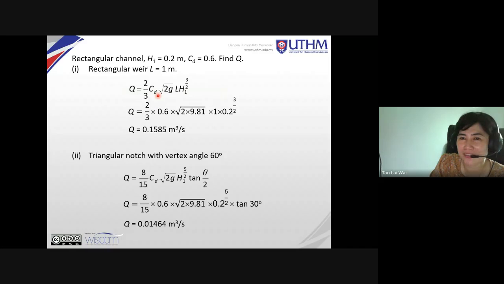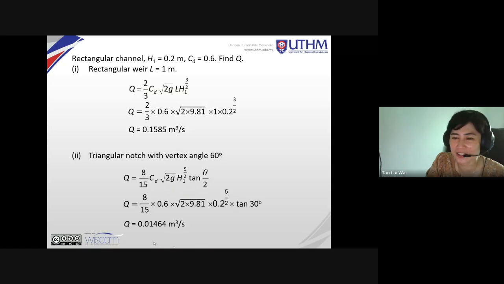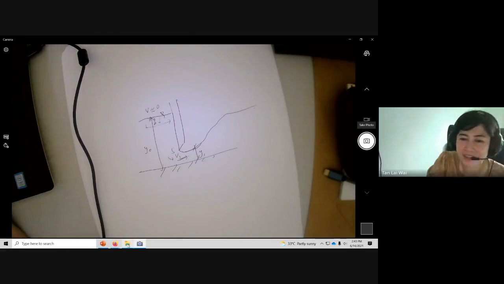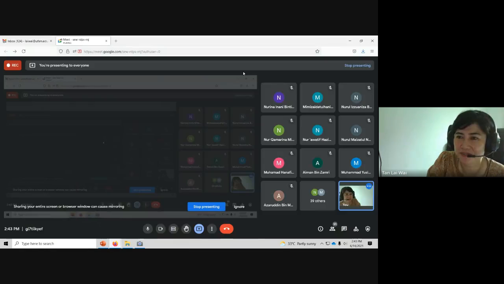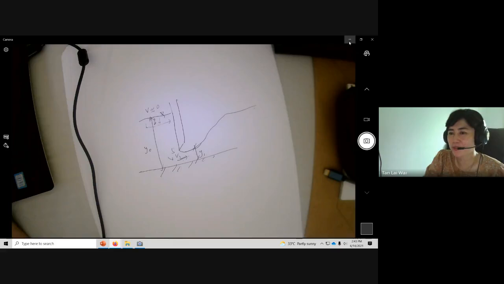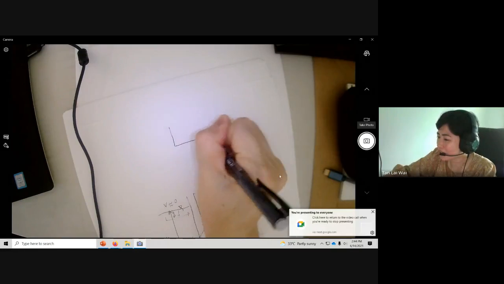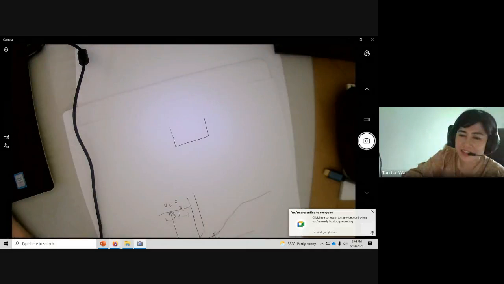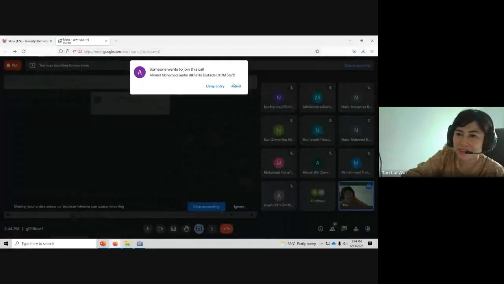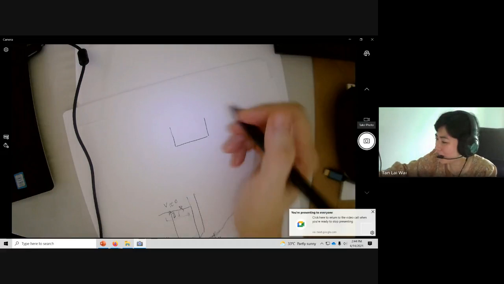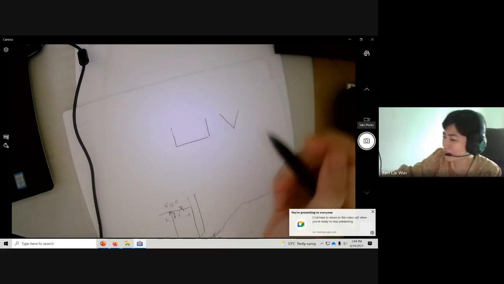Actually, if you combine a rectangular and a triangular notch, let's look at this. If you combine, you have a rectangular notch, and then you have a triangular notch over here.